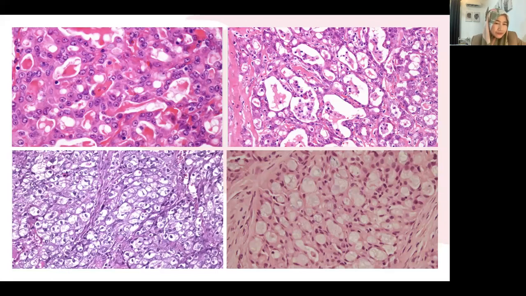But the fact is it can be solid with only a single cyst. A predominantly solid and tubular-like pattern may cause difficulty in giving a diagnosis. Therefore, S100, PAS, and Alcian blue stains are, I think, very helpful in this case.